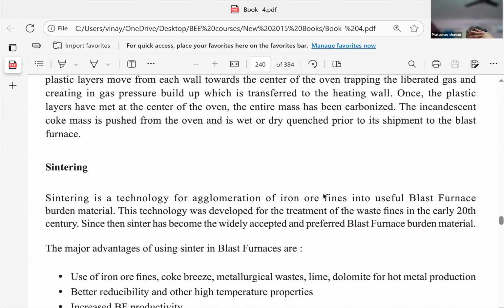The iron ore fines, meaning very fine particles, are converted into blast furnace burden materials. Burden materials mean the material which you are feeding into the blast furnace. That is the meaning of burden. So you are making them slightly bigger in particle size so that they can be comfortably filled in and used as a feeder material for the blast furnace.